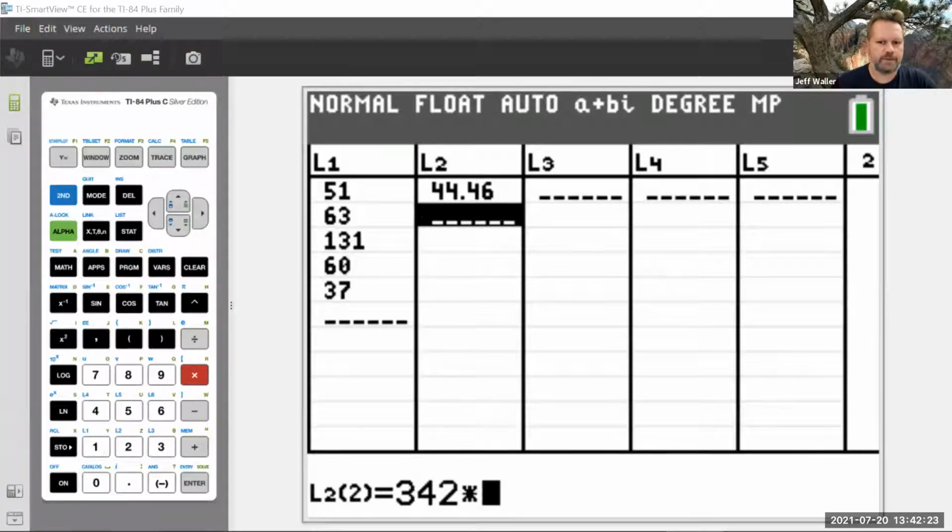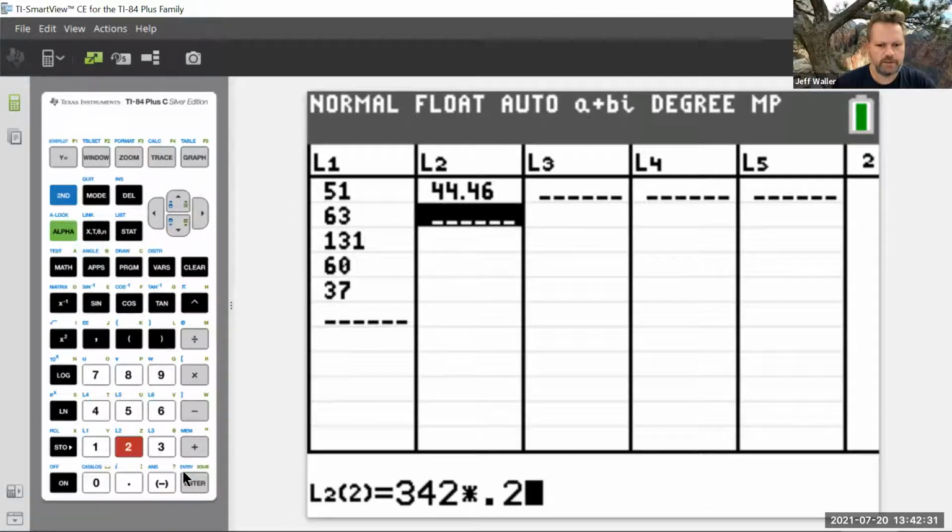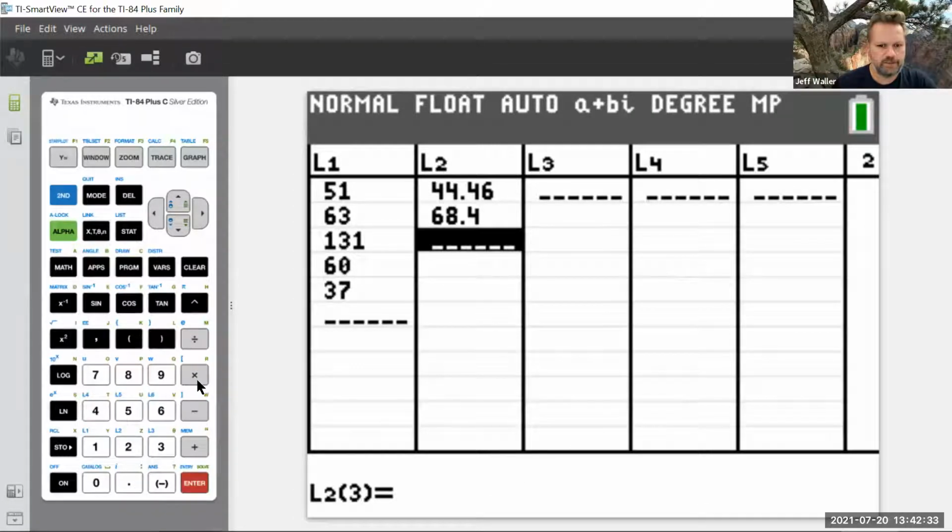What's the next percentage for B's? This is A's. That's why we did times 13%. What am I going to do for the B's? 20%. I like it, so 0.2. And then for the C's? 34. And then it's symmetric.